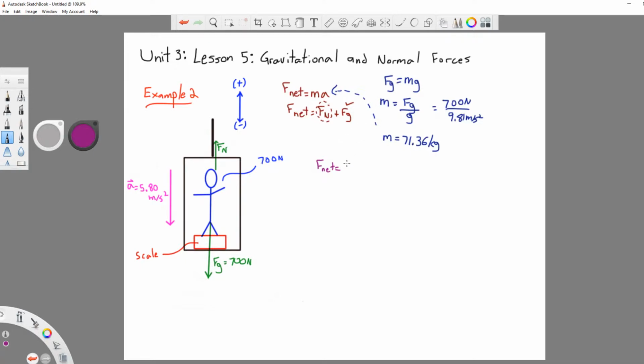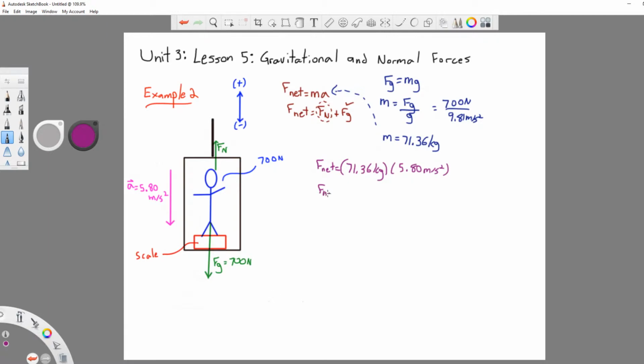So we have 71.36 kilos, and we're going to multiply by the acceleration of the elevator, or everybody in it, 5.80 meters per second squared.